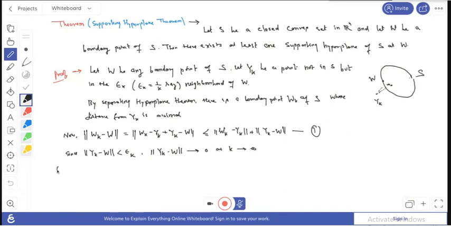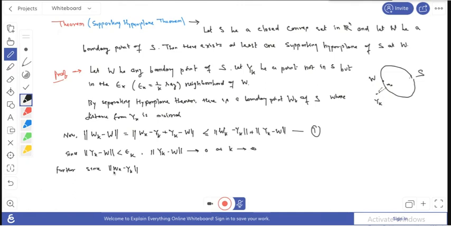Further, the norm of wk minus yk is basically the shortest distance, because for every k you find a wk which belongs to S, and that distance is the minimum one.